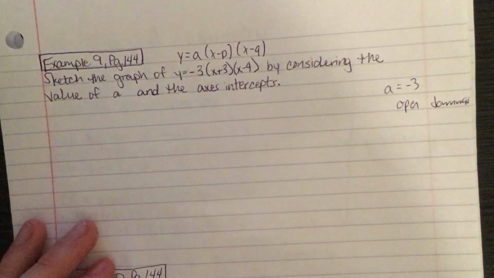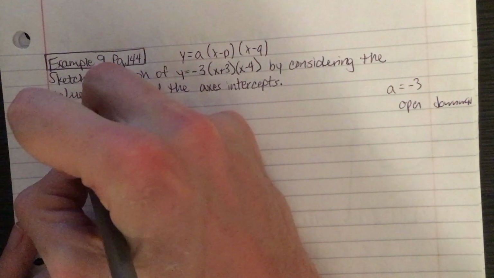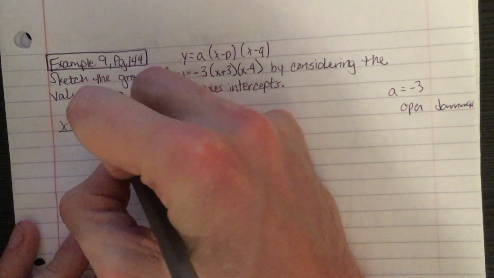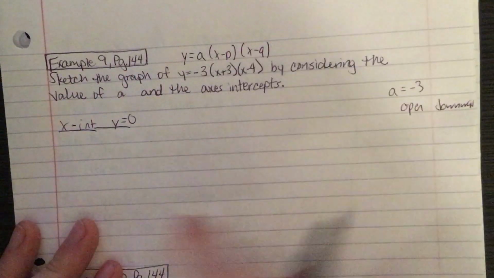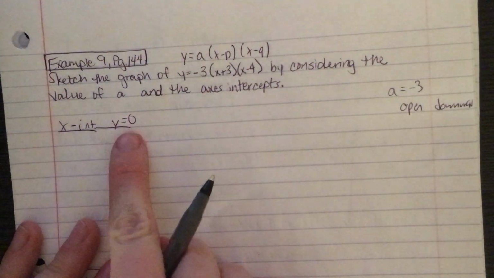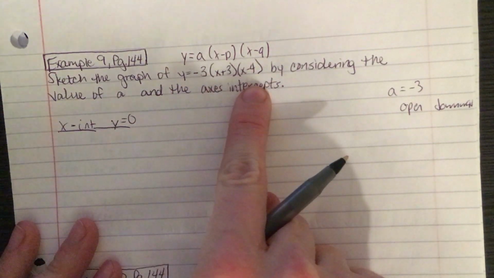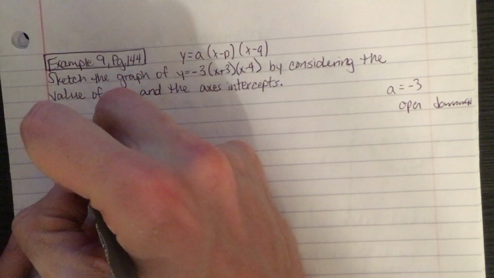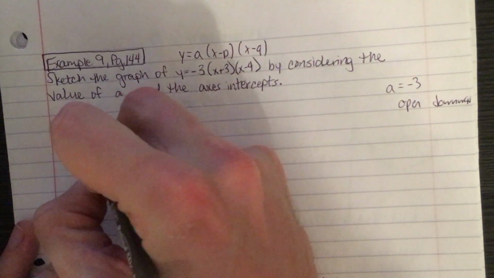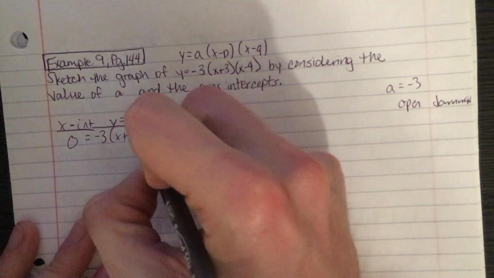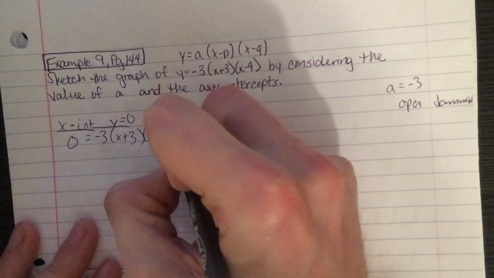And so we still need to find the x-intercepts, and we still need to find the y-intercepts. For the x-intercepts, again, that means that the y value is going to equal 0. So for this function right here, I'm going to set y equal to 0. I'm going to say 0 equals -3 times x plus 3 times x minus 4.